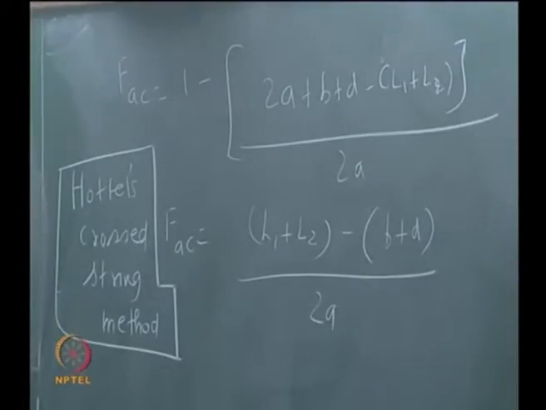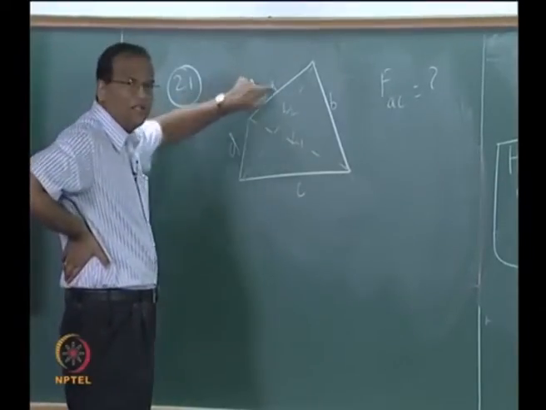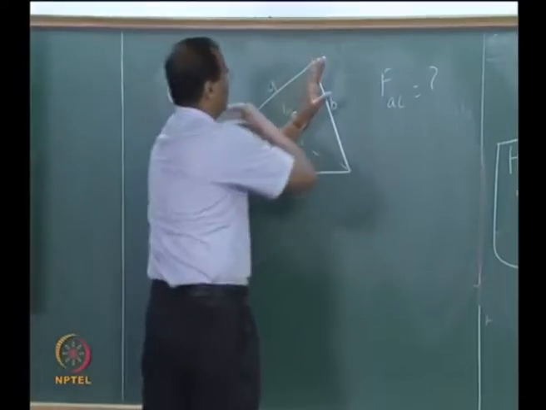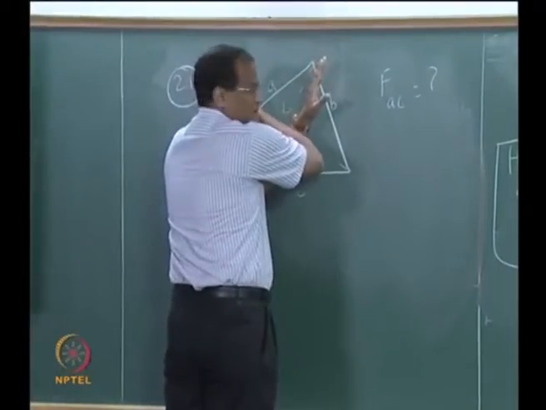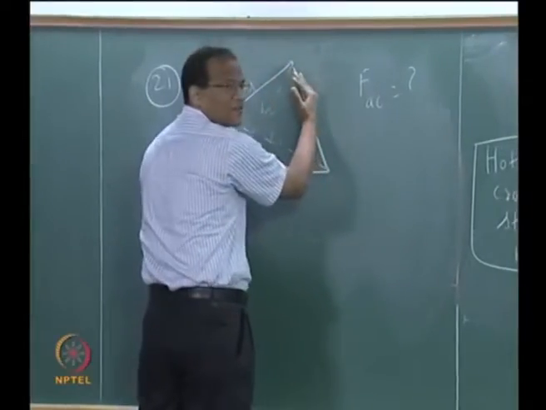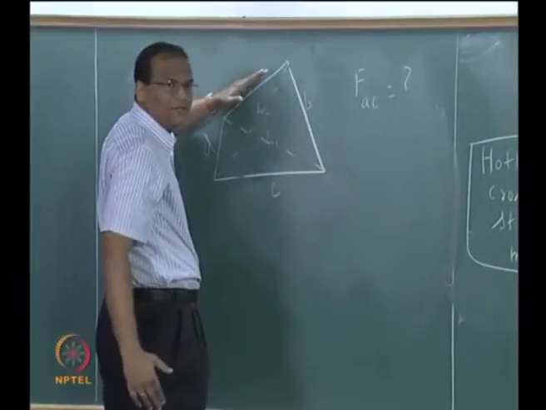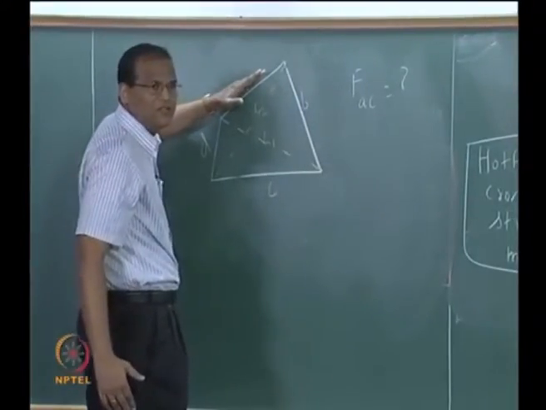If you have two surfaces like this in a quadrilateral enclosure, the view factor between the two surfaces is equal to the sum of the crossed strings, that is L1 plus L2, minus the sum of the uncrossed strings, divided by 2 times the line segment. That is why it is called Hottel's crossed string.